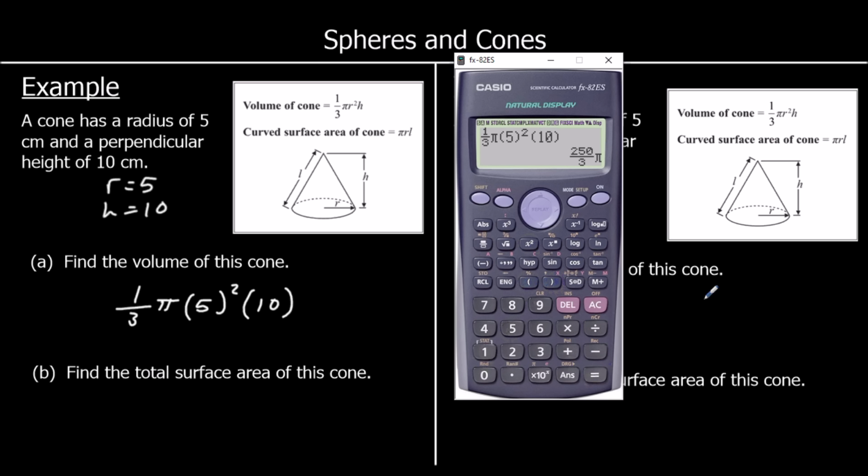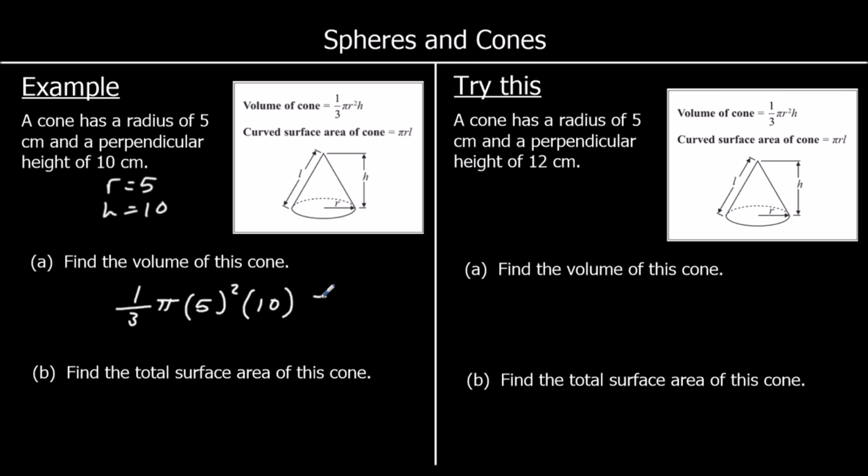And we've got 250 over 3 pi. Or if we wanted a decimal, press the S to D button and we'll get 261.799 and so on. So 250 over 3 pi, and that's in centimeters cubed.